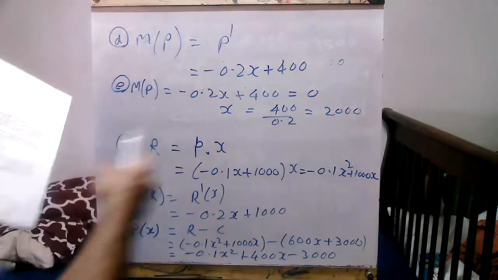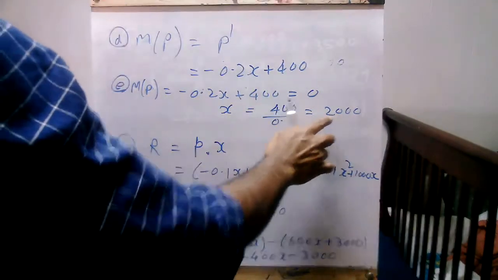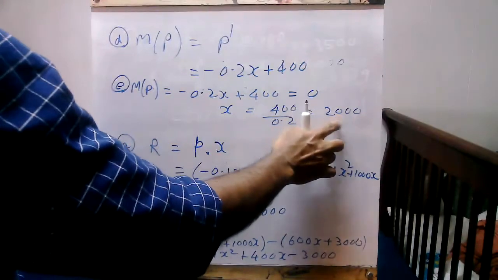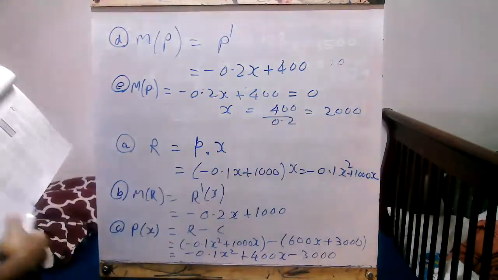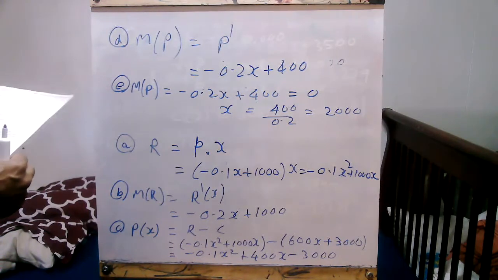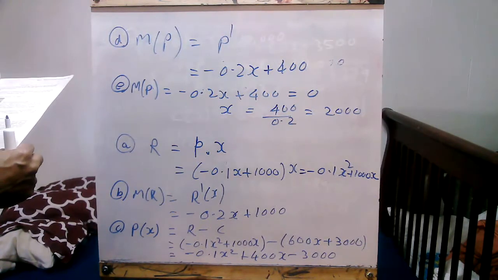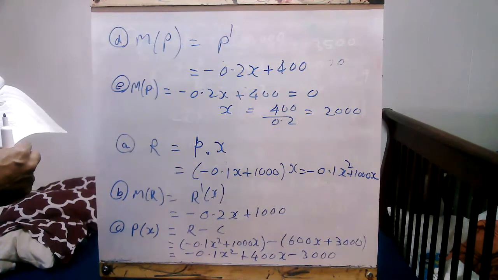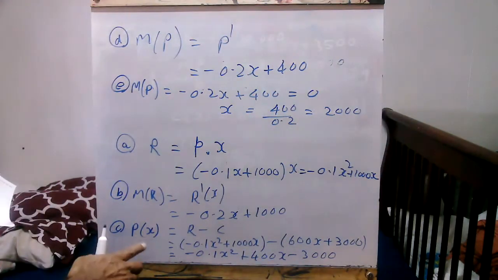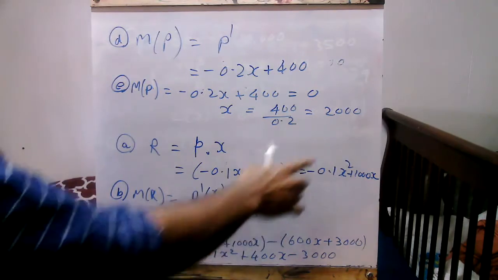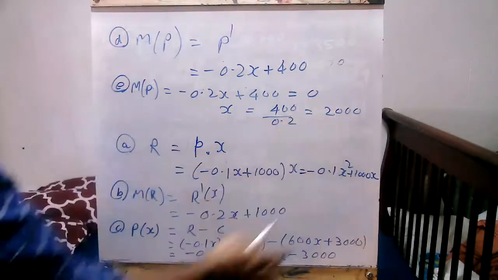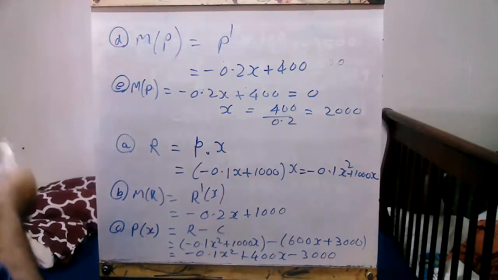Okay, this is in part E, when the marginal profit is 0, when we are producing 2000 items, 2000 television sets. The question is asking what is the price. To find the price, we have the price function. We can substitute this number of items in the price function.